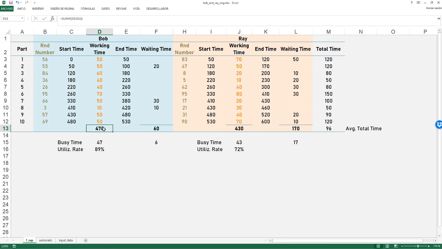So in this case, Bob has been available the summation of these times, 530 seconds, and he's been only working this time. So if we do that division, we can get the utilization rate, and the same goes for Ray. We can do that calculation, and we know how much time we're using productively out of Ray's time.